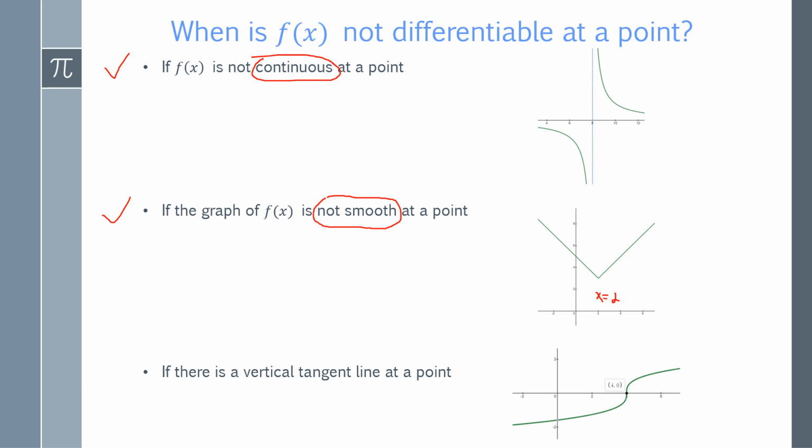However, at x equals 4, we have a vertical tangent. So this is where our function is not differentiable. So three scenarios: if f is not continuous, if the graph is not smooth, and if there is a vertical tangent line, then we say our function f of x is not differentiable at that point.